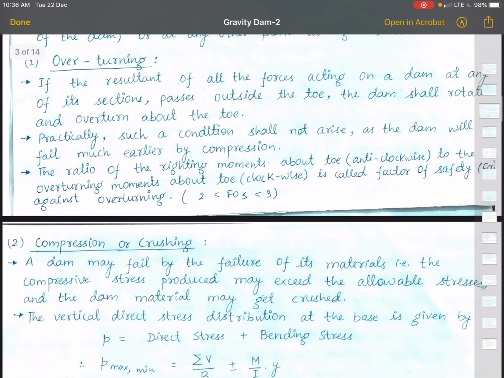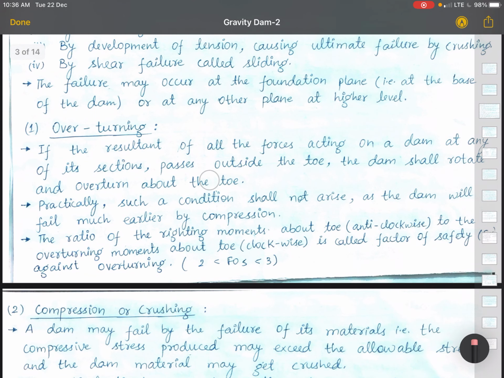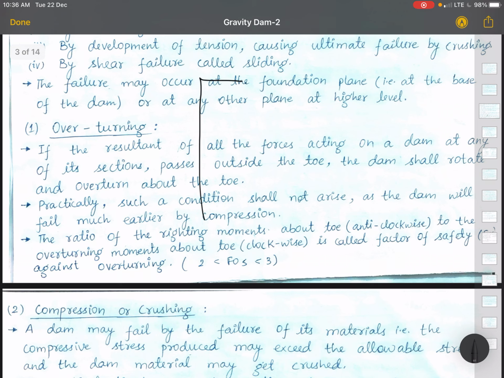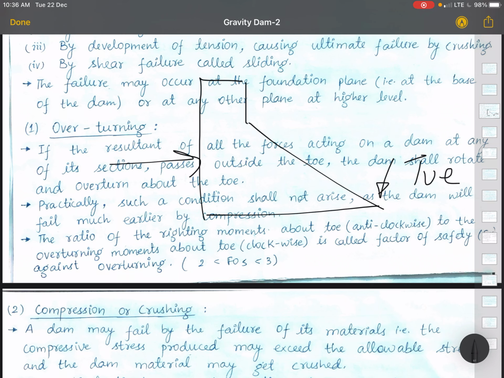Let me just show you what these forces are. So this is the dam, this is the toe. These are the forces acting. This is your righting moment, that means it is in the anti-clockwise direction.